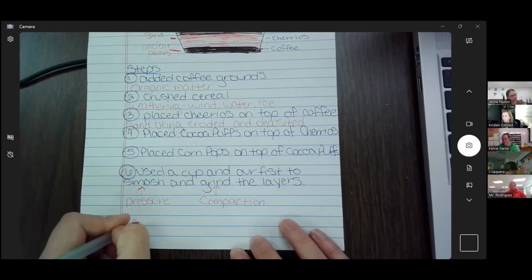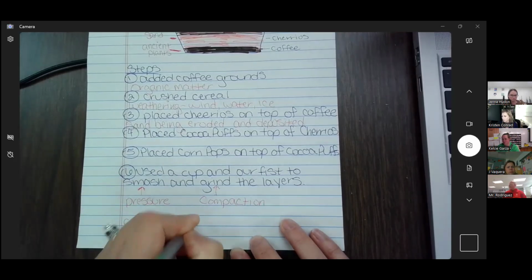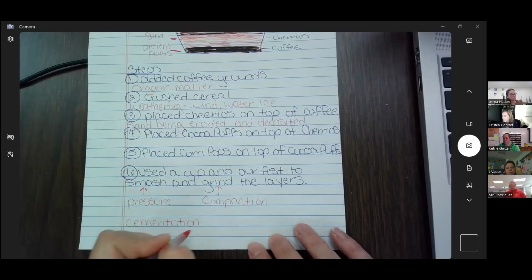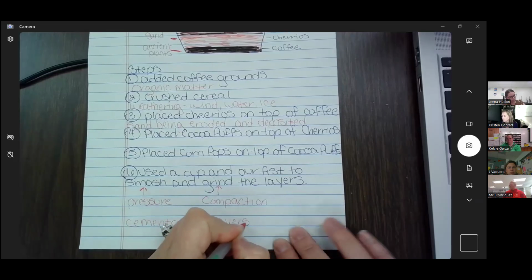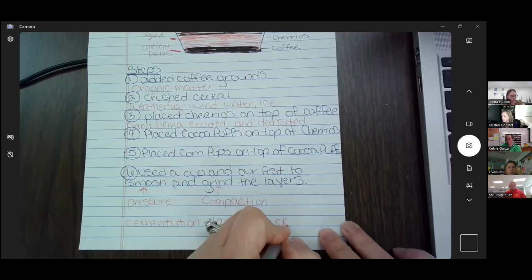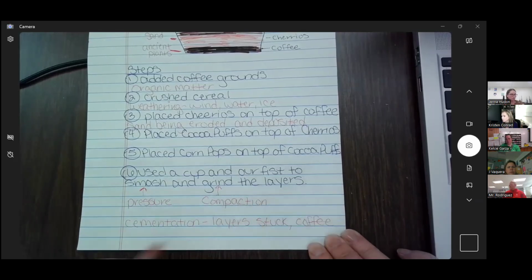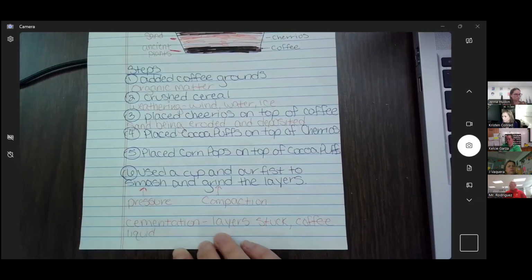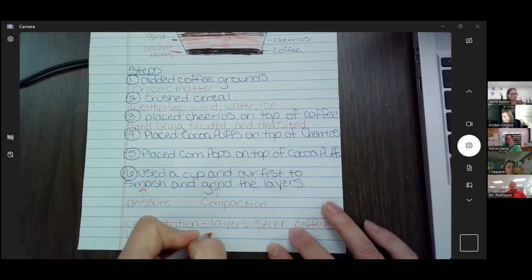So the cementation, right, is when we have those layers stuck together and the coffee liquid moving into the layers.